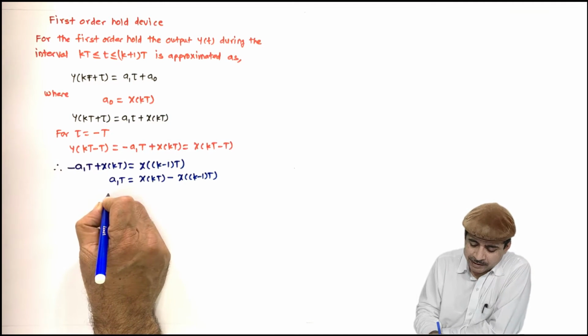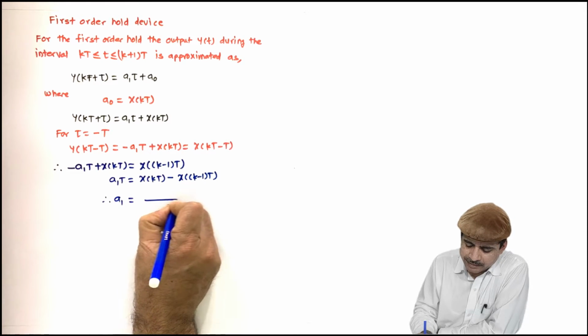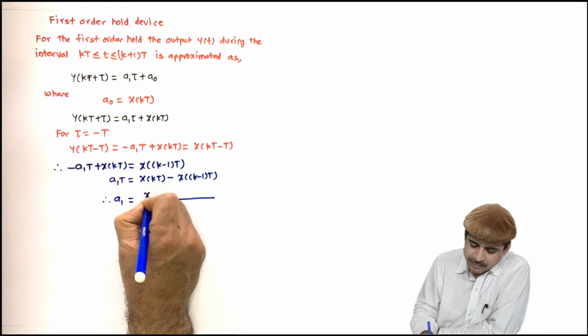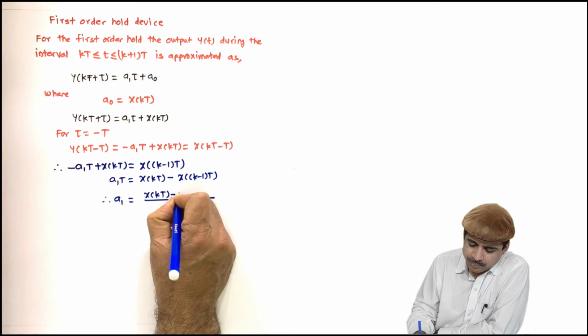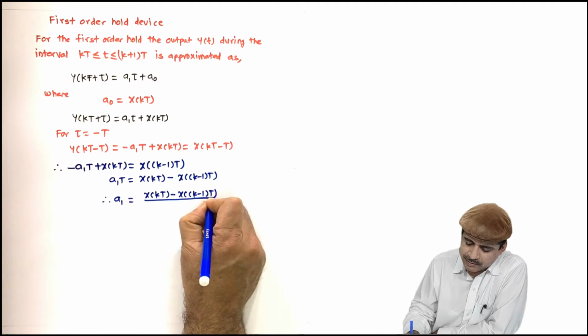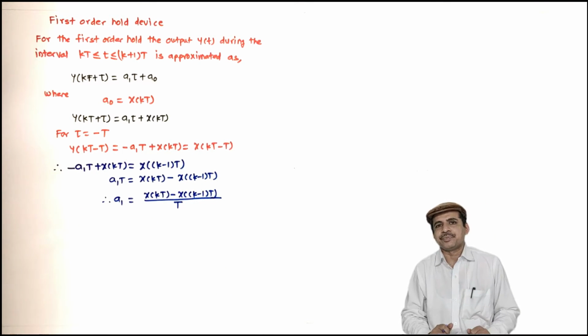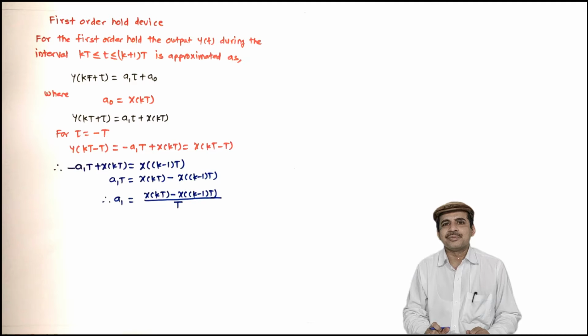And from this, the value of a1 can be obtained as the difference between the two samples divided by the time distance between them, which is nothing but the slope.